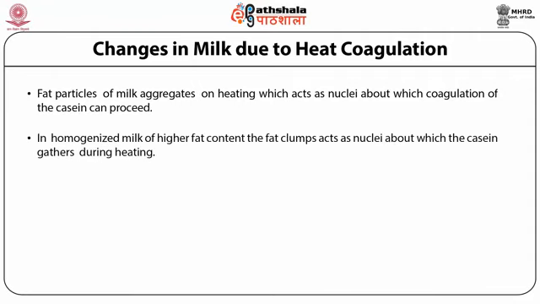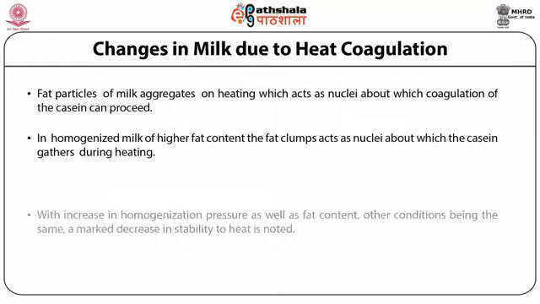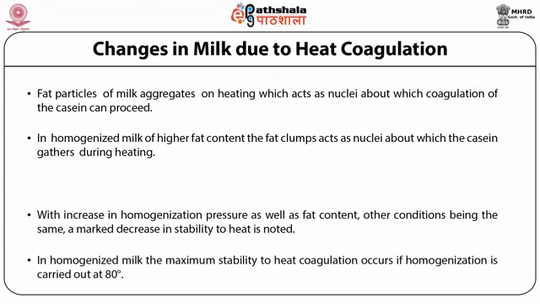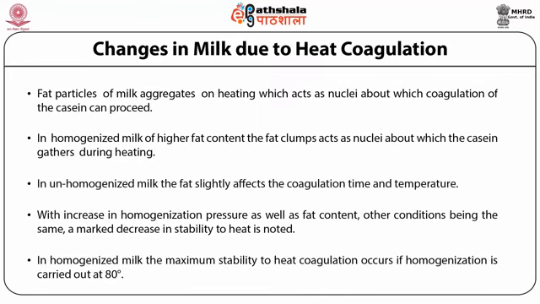If milk is homogenized, this coagulation process becomes faster due to higher amount of fat globules, and in unhomogenized milk, coagulation time and temperature may increase.